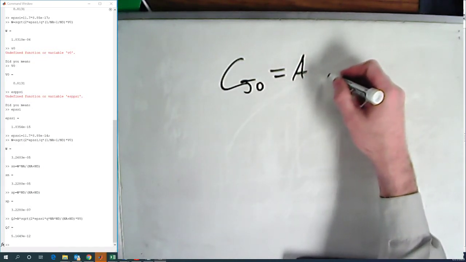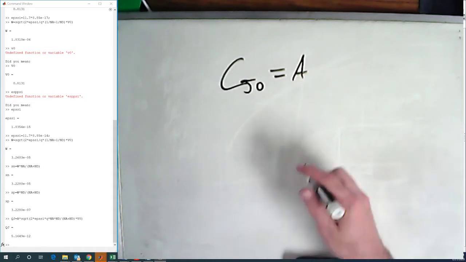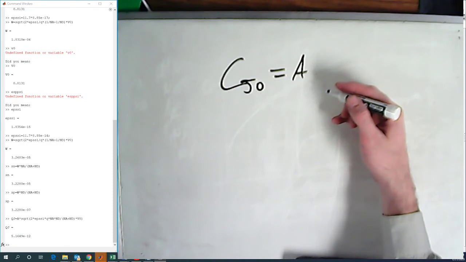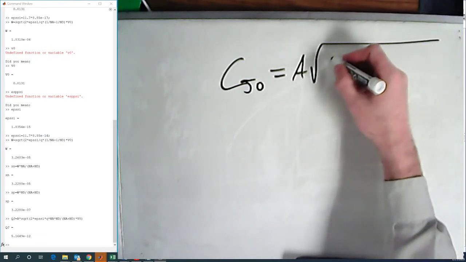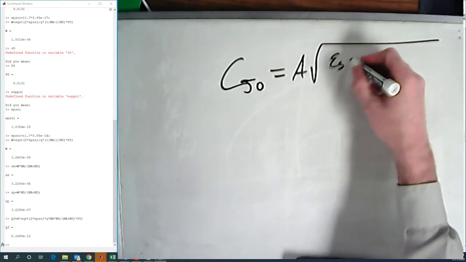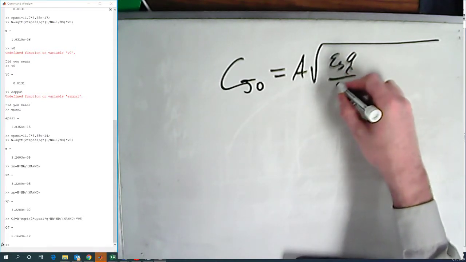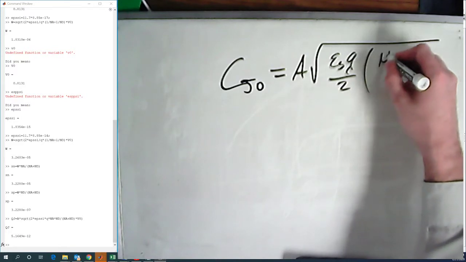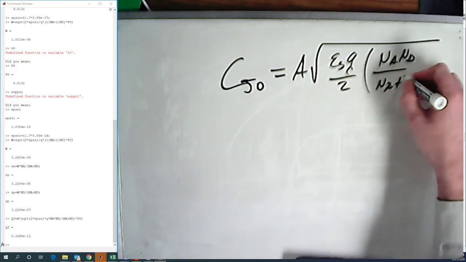Cross-sectional area comes in, so the bigger the cross-sectional area, the bigger the junction capacitance. That's how we design diodes with more current capability, but more capacitance. Epsilon of silicon comes back up again, multiplied by Q divided by 2, Na times Nd over Na plus Nd.